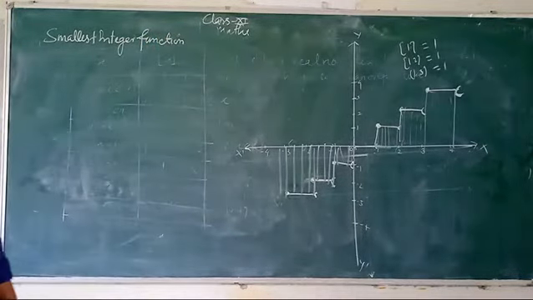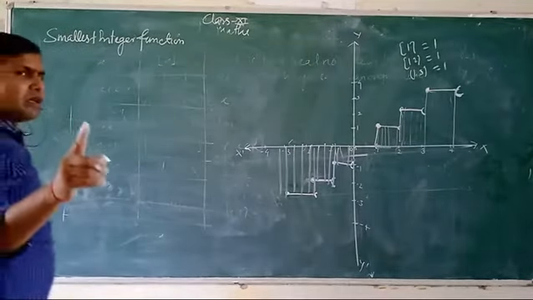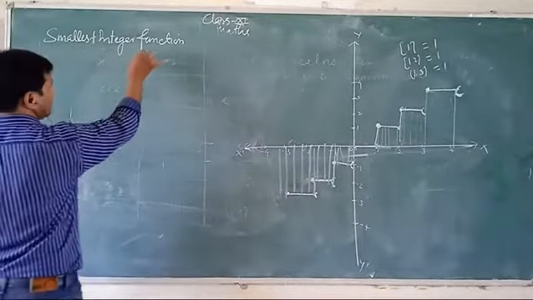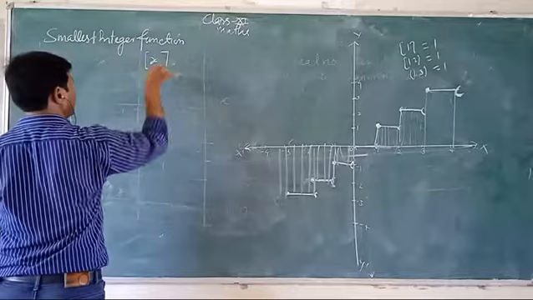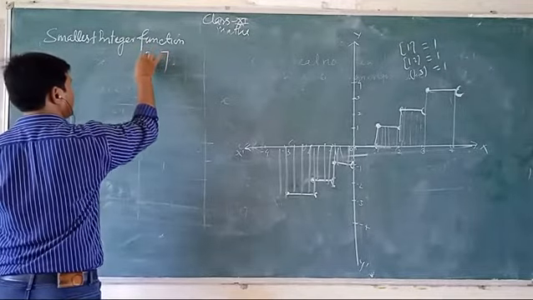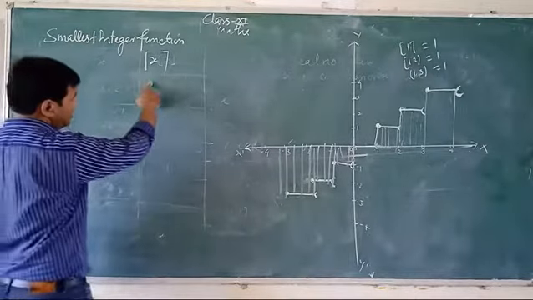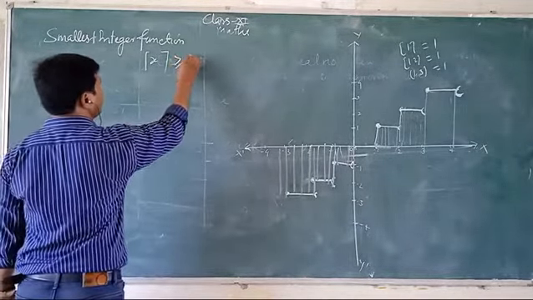यानी what is the smallest integer? Let us suppose that x be any real number, then the symbol denotes the greatest integer less than or equal to x.